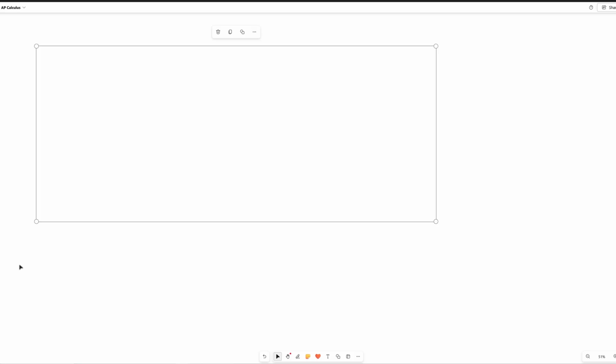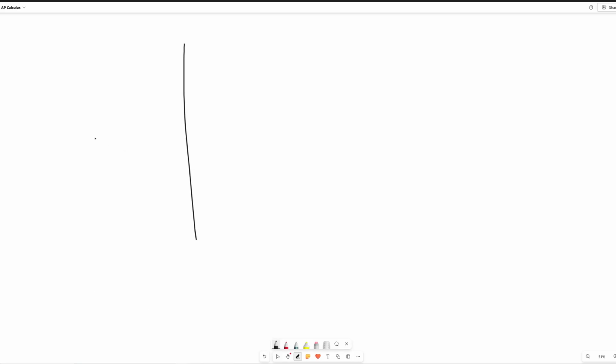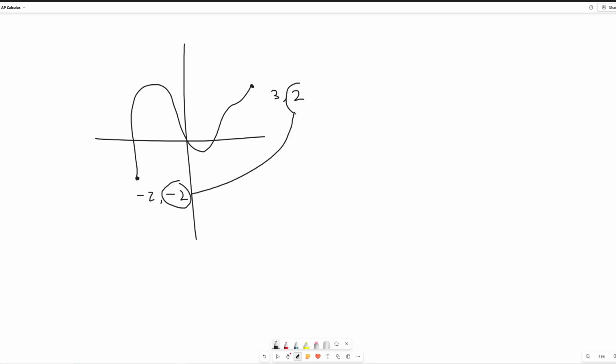So if you have a function that starts at -2 and then goes to 2, however which way it gets there, you can guarantee that since it's between -2 and 2, the function will always hit the value 0. It will always hit the value 1. It will always hit -1. It will always hit 1.5. Any value between -2 and 2 it will hit, as long as it's on the interval between x greater than -2 and x less than 3.